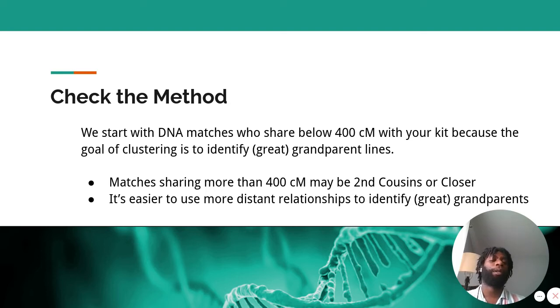The reason is that those closer matches share multiple lines with you. So if you consider Tina and Brian, they have the same parents, so they have all of the same ancestors. And so what we want to do is basically a process of elimination by isolating these different lines. And if you share too many lines, it's hard to do that.